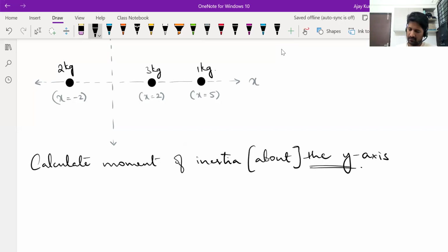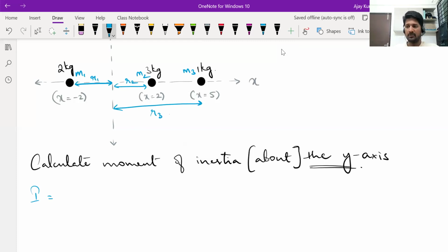Anyway, so it's a 3 particle system. Let's call the masses M1, M2, and M3, and their corresponding distances from the given axis will be called R1, R2, and R3. You just have to apply the formula: I is equal to M1 R1 square plus M2 R2 square plus M3 R3 square.